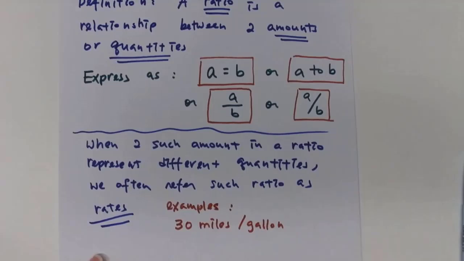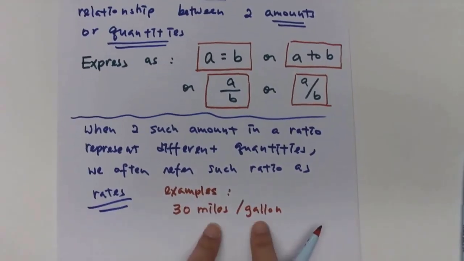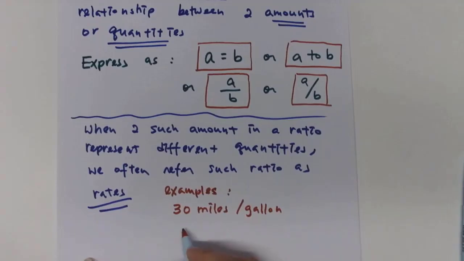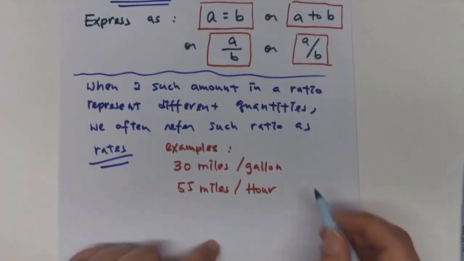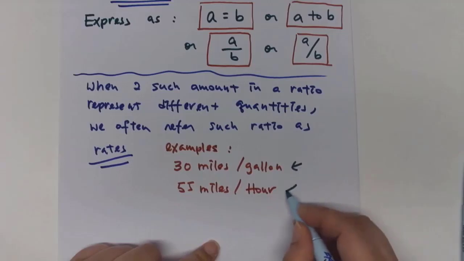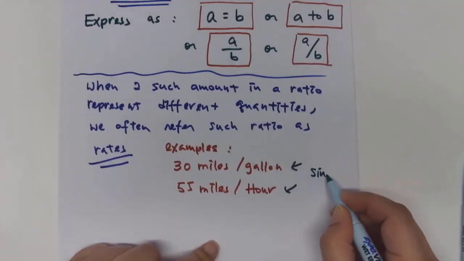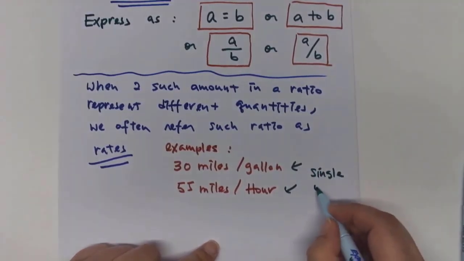There are two different types of units and data, miles and gallons. We can say 55 miles per hour. Notice the second part of it is a single unit: 1 gallon, 1 hour. So the second part represents a single unit.